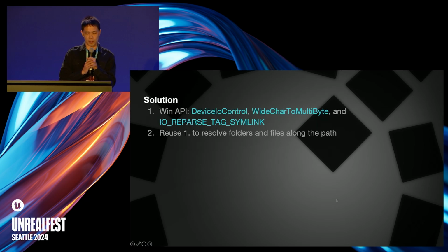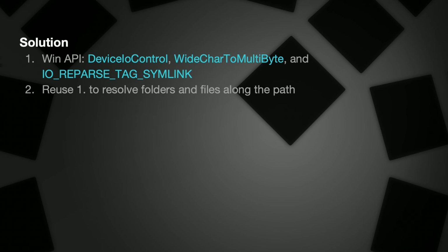So we can use this Windows API to check if a folder or a file is a symlink or not, and then we can resolve the paths from them.